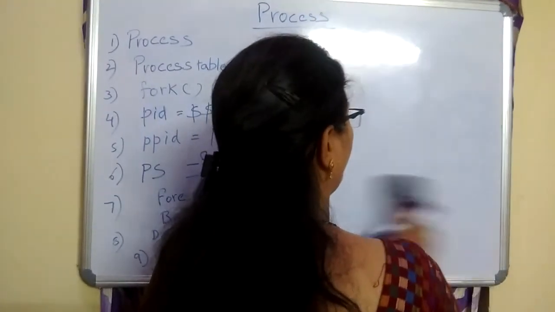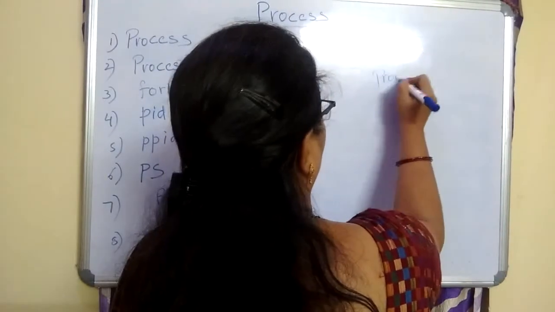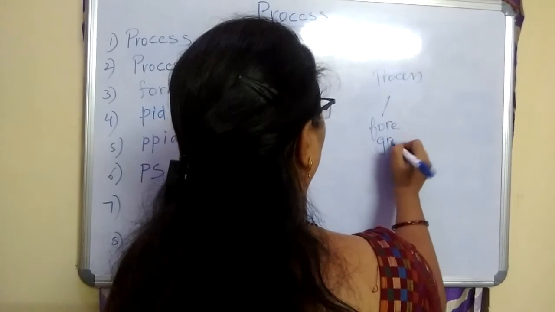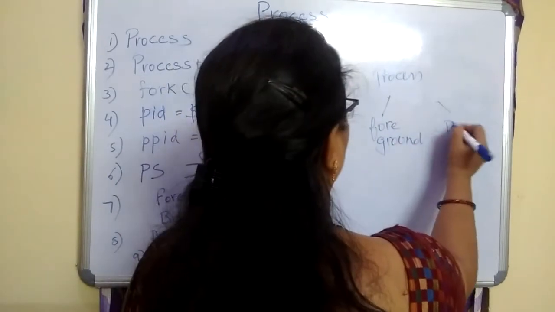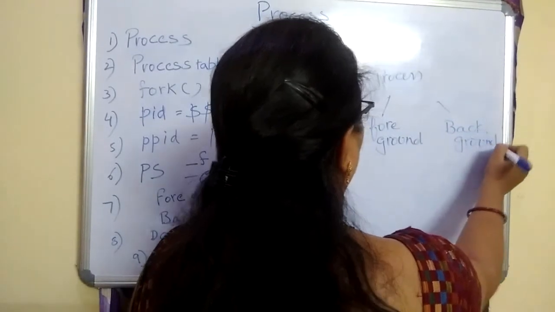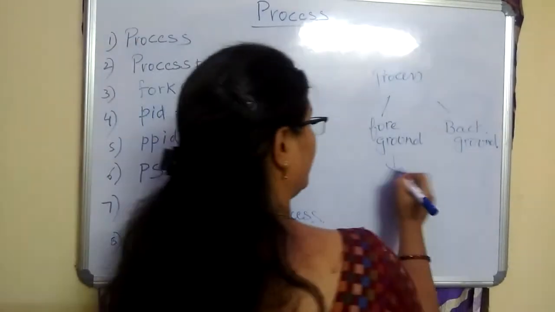Now, we see the types of processes. There are two different types of processes. The first one is the foreground process, and the second one is the background process. Foreground processes are visible to the users.